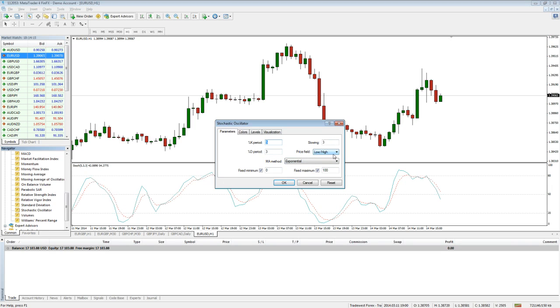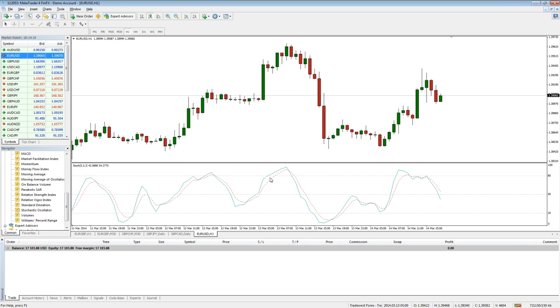The low/high price field, exponential, all that can stay the default. Then you'll see that they have these dotted lines, and some platforms might display it a little differently, but you'll see you've got that 80 level and that 20 level. Those are the levels we're going to be watching for the indicator to go over.